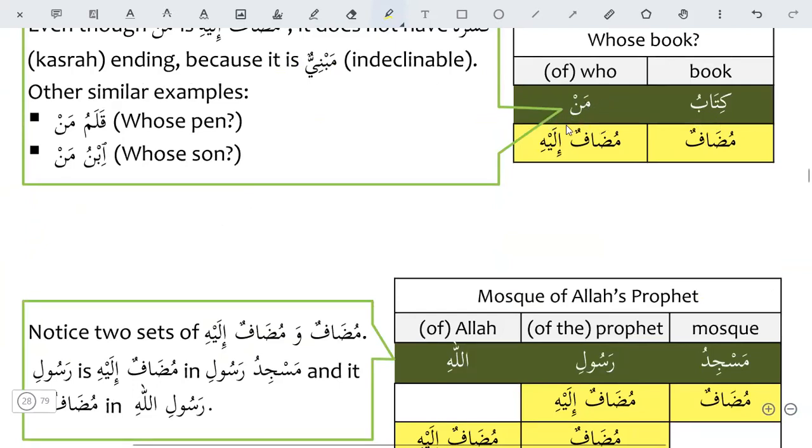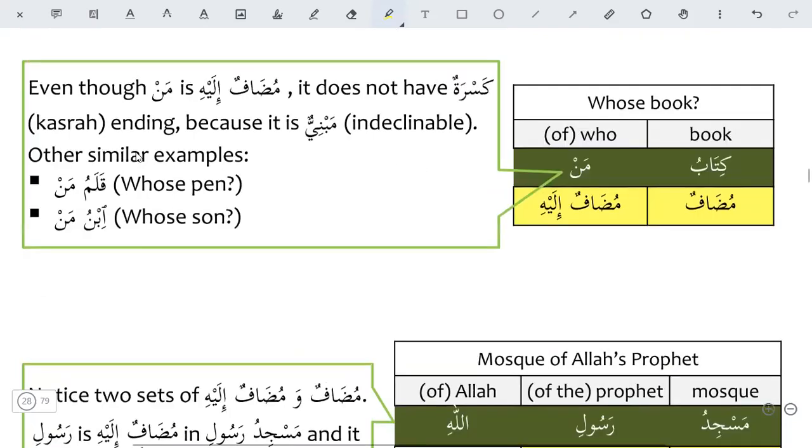Man is mudaf ilay here, and it is mabni, indeclinable, it never changes. Kitabu manin, we cannot give it kasra. Even though man is mudaf ilay, it doesn't have kasra ending because it is mabni, indeclinable.